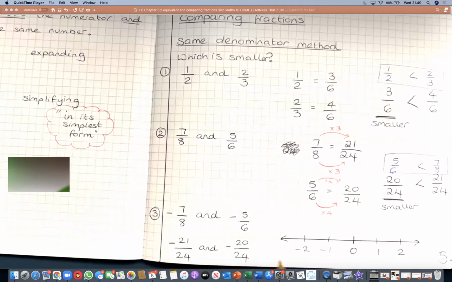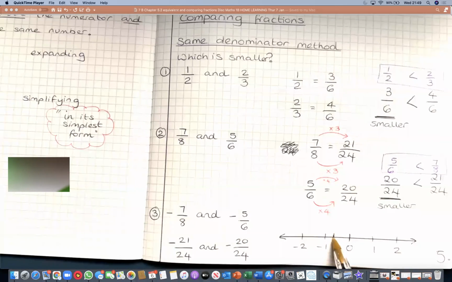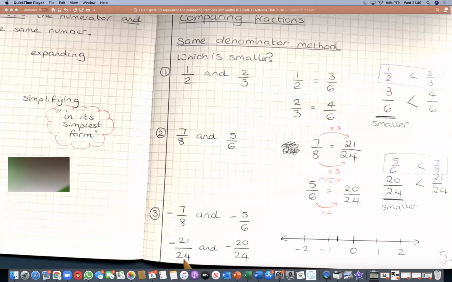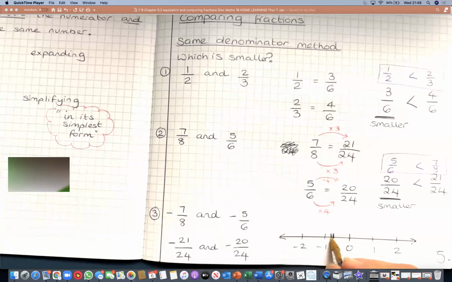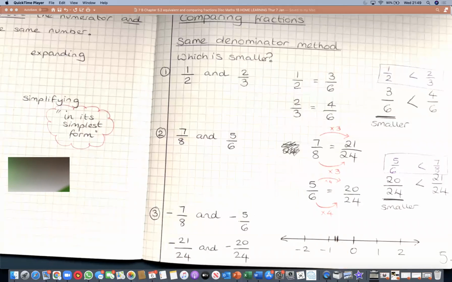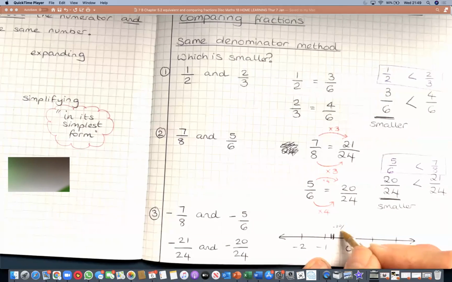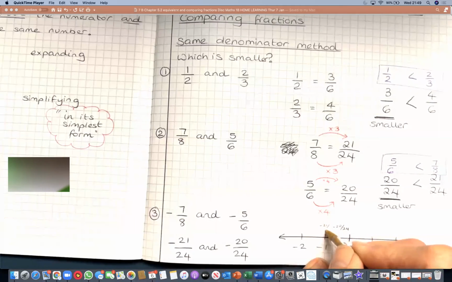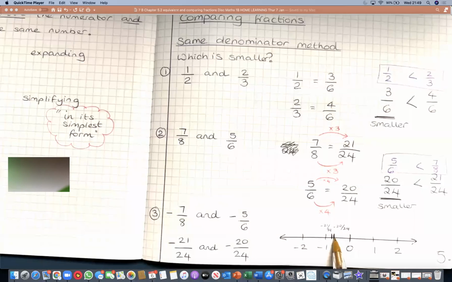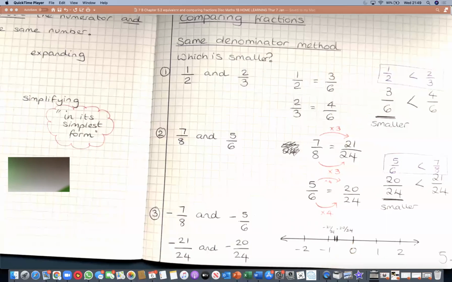So let's look at this. -20 over 24 is going to be closer to 0 than -21 over 24. There's not much in it, but you can see that -20 over 24 is closer to 0 and therefore larger. So remember, when you're looking at negative numbers, it's the number that is closer to 0 that's larger.